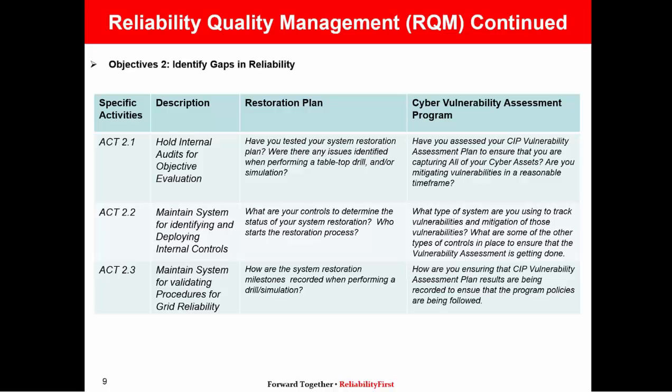So Act 2.1 is hold internal audits for objective evaluation. In this case, maybe you would take a look at your cyber vulnerability assessment program and ensure that you're performing it well, making sure that any cyber assets within your program are being captured and are currently being scanned during that process, and making sure that you are mitigating the vulnerabilities in some metric time frame.